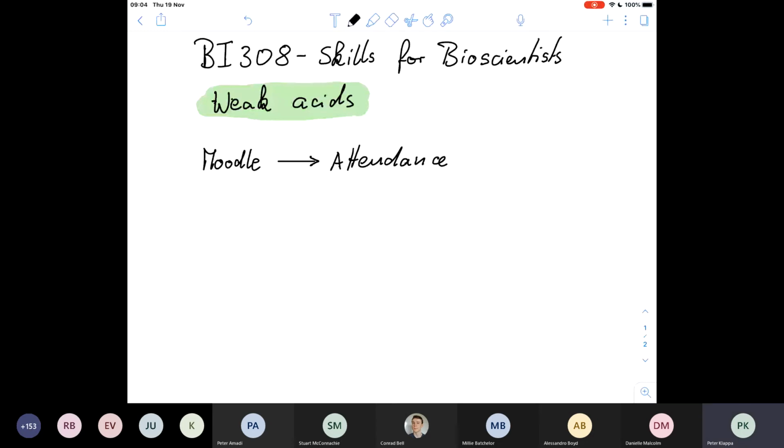And again, yes, Joshua, you're absolutely right. This P just simply indicates something with a log. Absolutely right. And we will discuss that in a little bit more detail, because what we're going to do today is the topic of weak acids.